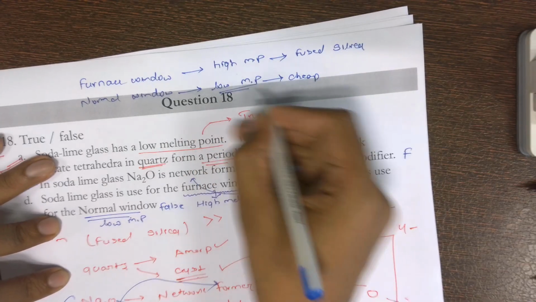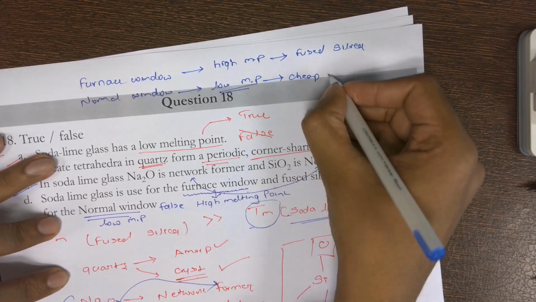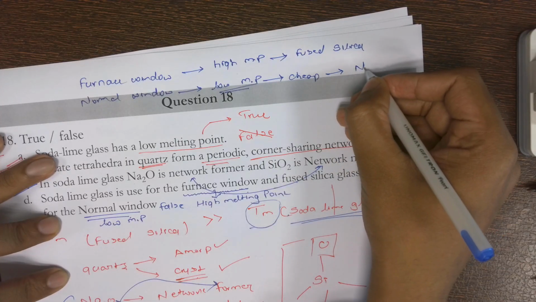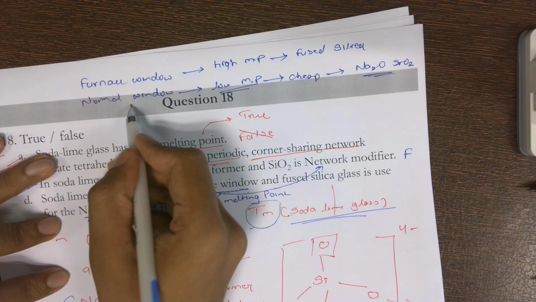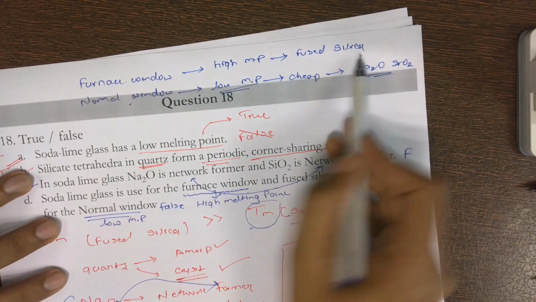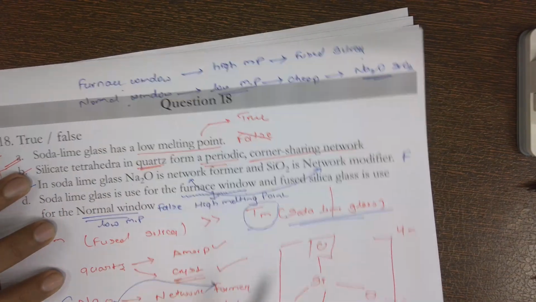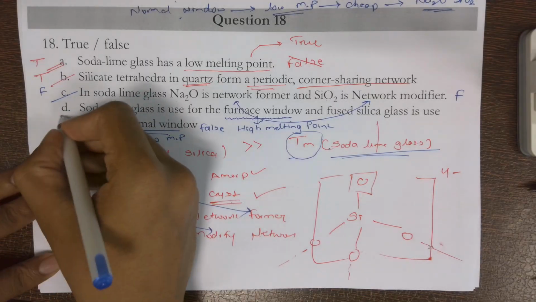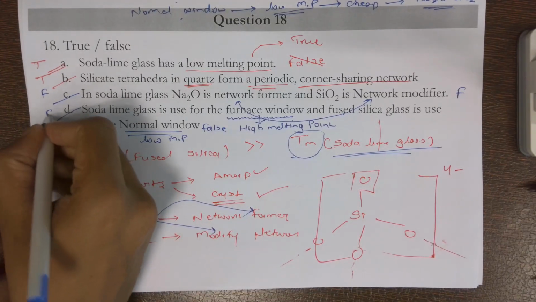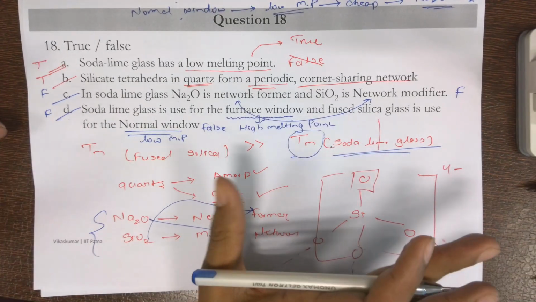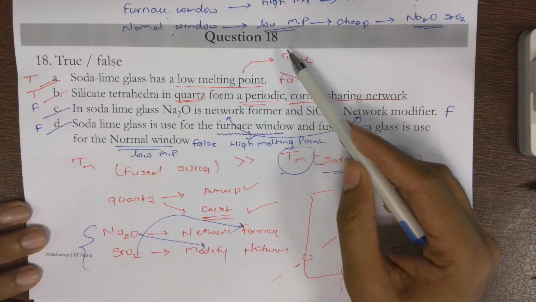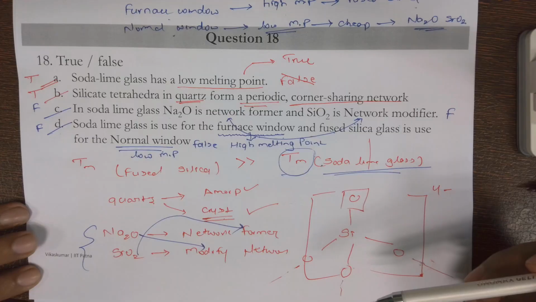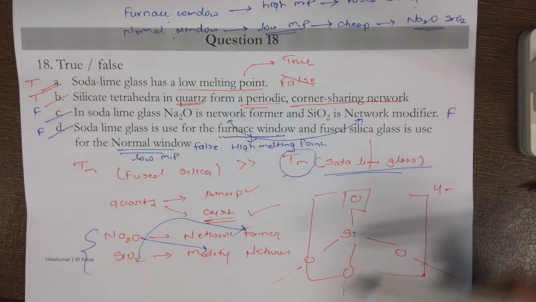If the melting point is low, we can use the soda lime glass for the window, while fused silica glass is for the furnace window. So with that, that's false. If we swap them, it's true. That's the entire question number 18. Is there any doubt that you have? Let's move ahead to the next part.